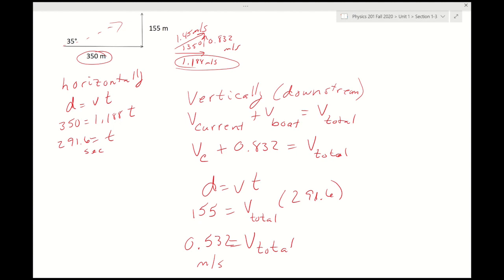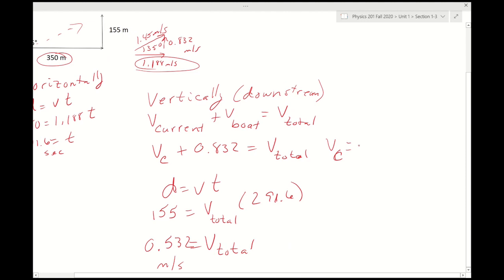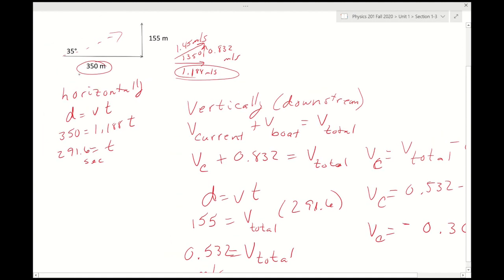So that means the current in this case is 0.532 minus 0.832. So that gives us a current of a negative 0.30. And if we look at the number of significant digits, we have 2 in our horizontal distance. We have 3 in this downstream or vertical distance. So we would only use 2 meters per second. Since that's a negative, that tells us that in fact, while I drew it going up, it would go this way.